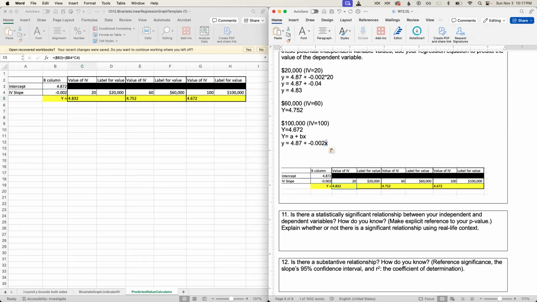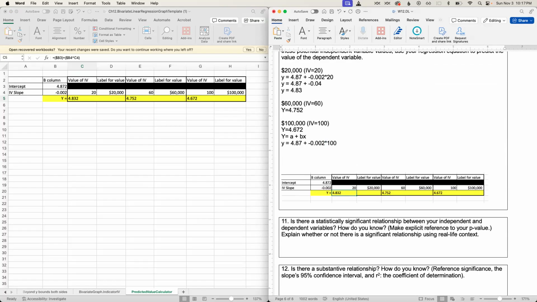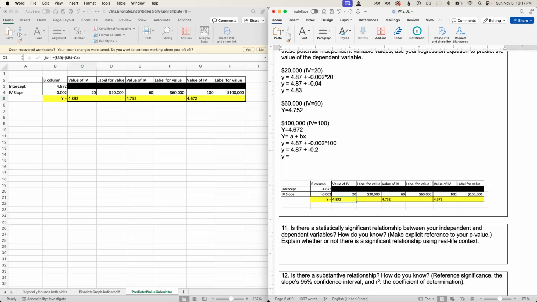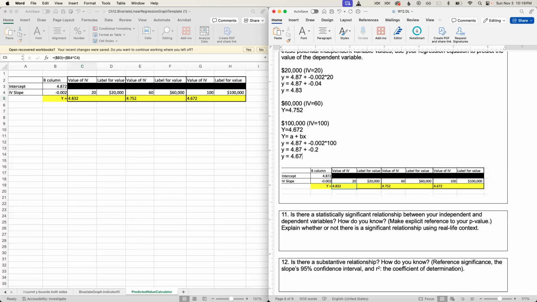Here, x would be 100 for 100,000. So you can do it either way, it doesn't matter.